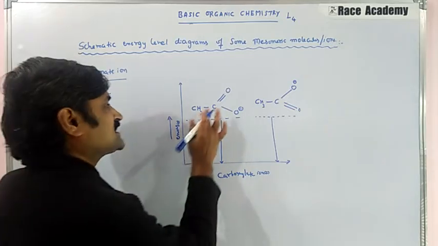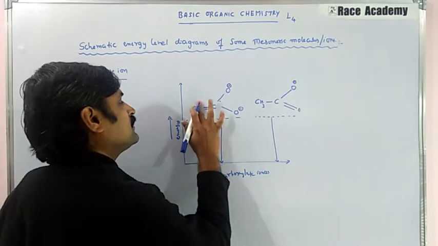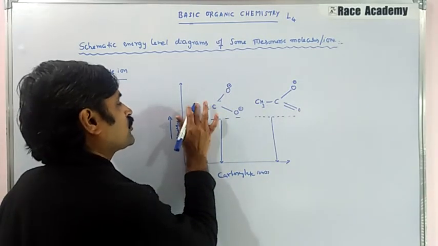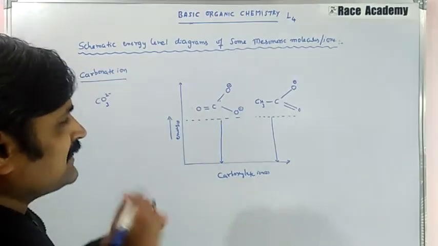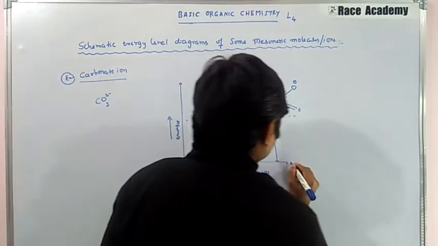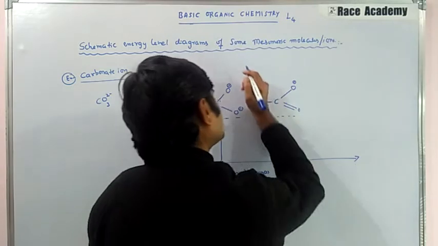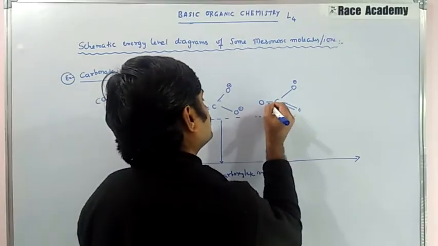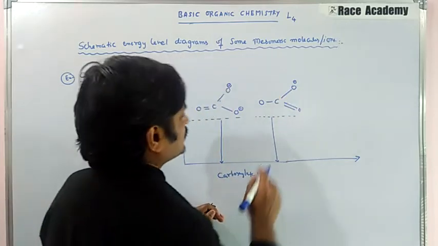Here if you write this as minus, keep it double, and if it is oxygen, then it becomes the carbonate ion. But it will have three such resonating structures. I will extend it for another structure also here. Here I will keep a single bond, and here I will write a double bond.